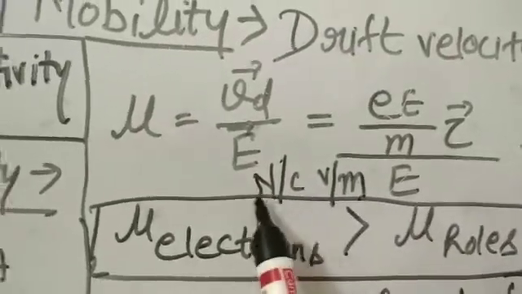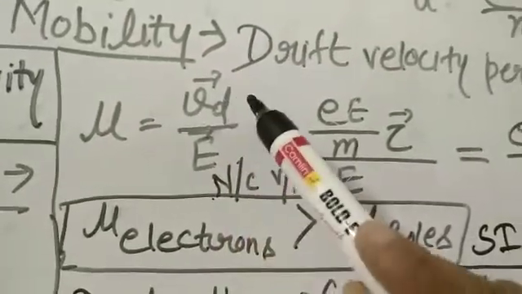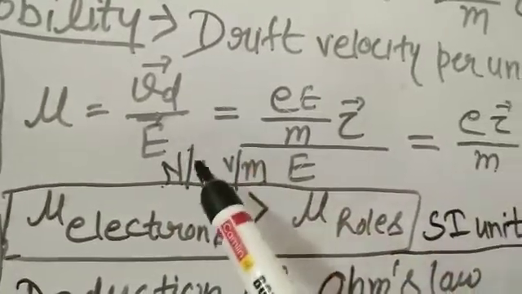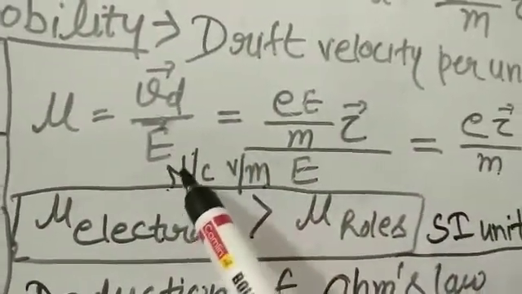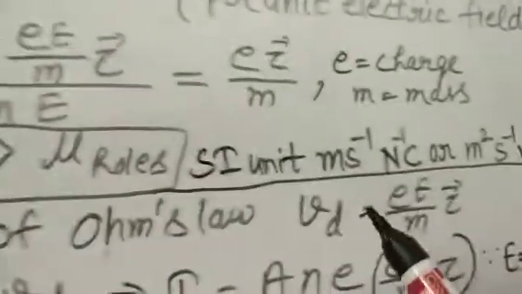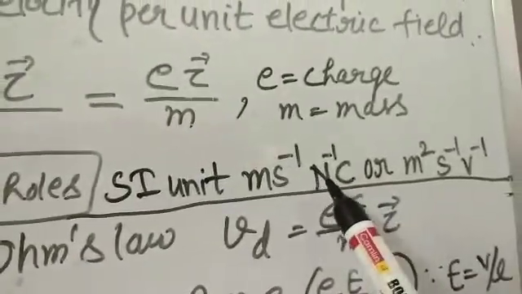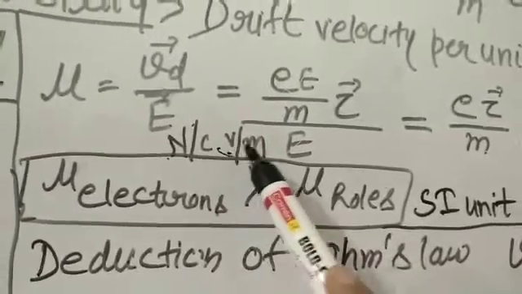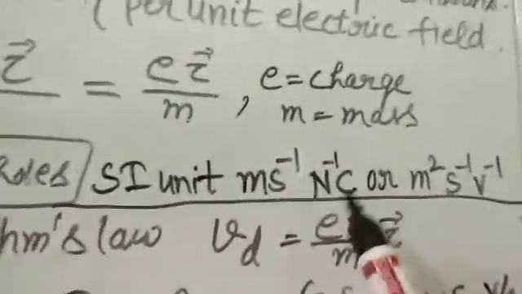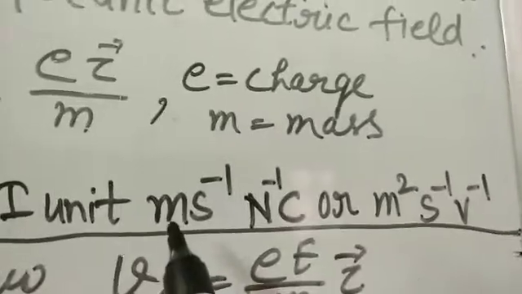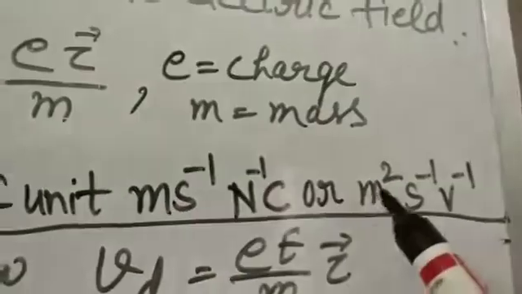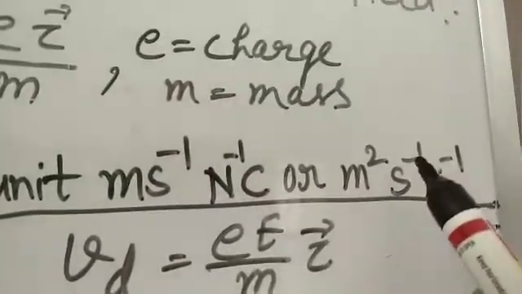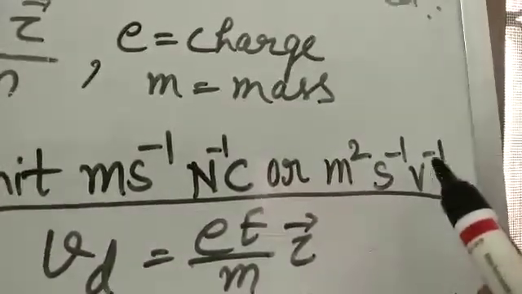According to Newton per coulomb, the unit becomes meter per second, coulomb per Newton, because it is reversed. And if we base it on volt per meter, then the unit becomes meter square second minus 1 volt minus 1.